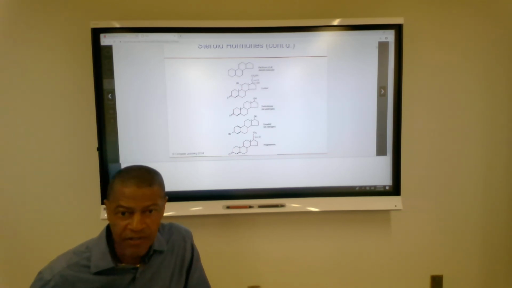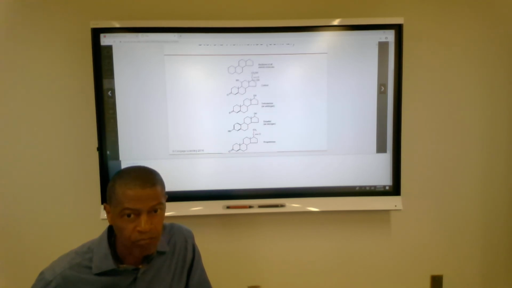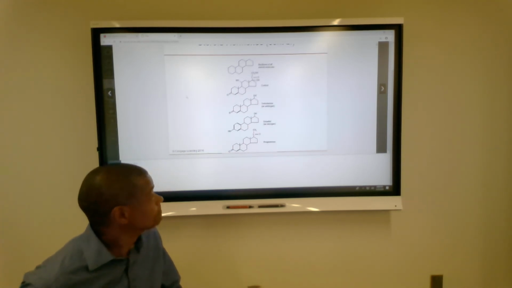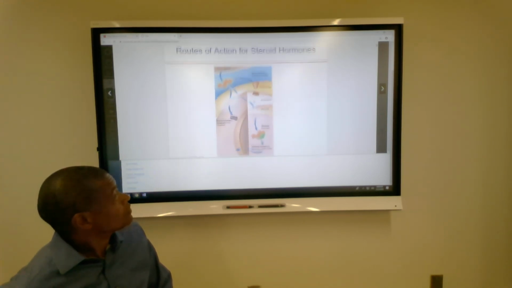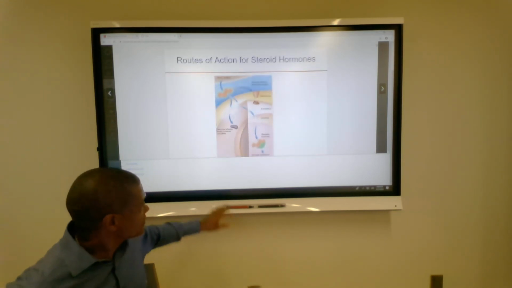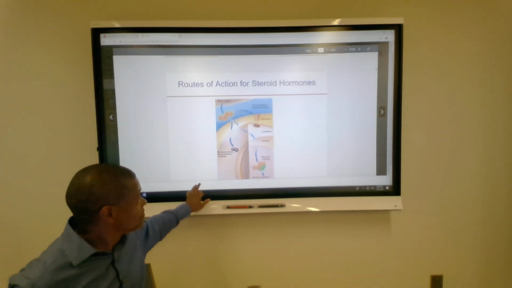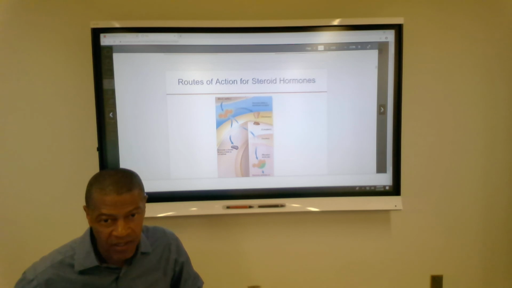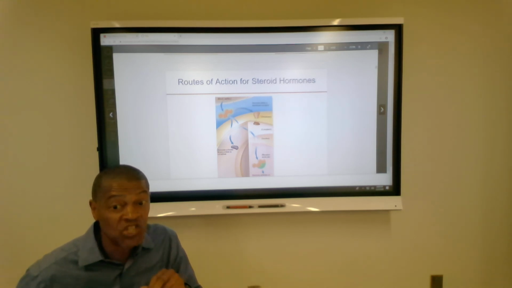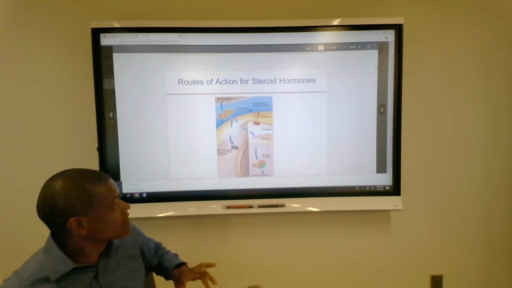So as we move forward with the slides, steroid hormones have powerful effects. Those effects could be genomic or non-genomic. Genomic means it's affecting the gene. Non-genomic means it's just influencing the cell.